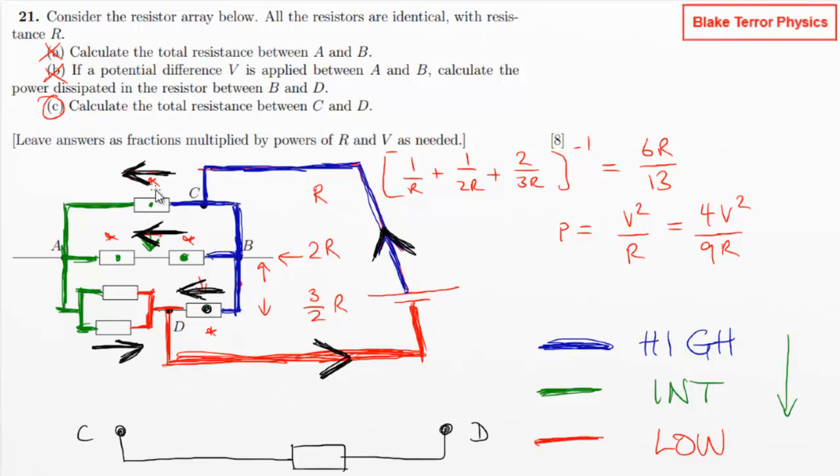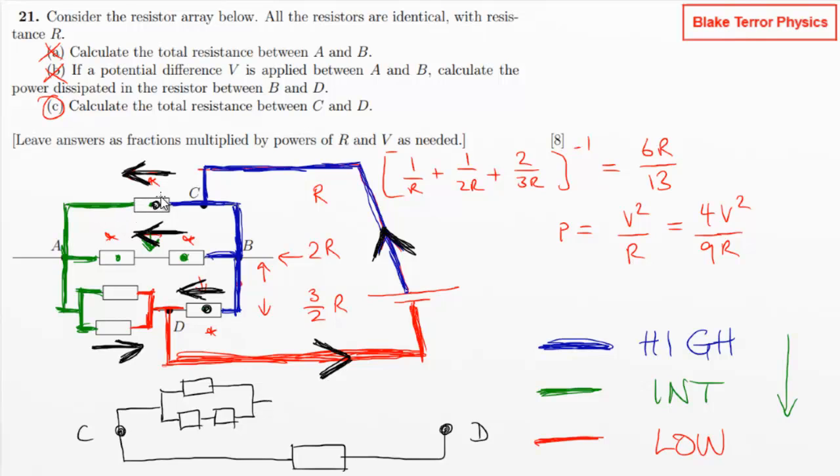Now, if we're going via the green, then we've got different options. Because to get from blue to green, we're either going through a single resistor, which is the top branch here, or we're going through these two resistors in series. We're going through one or the other. We can't be going through both.